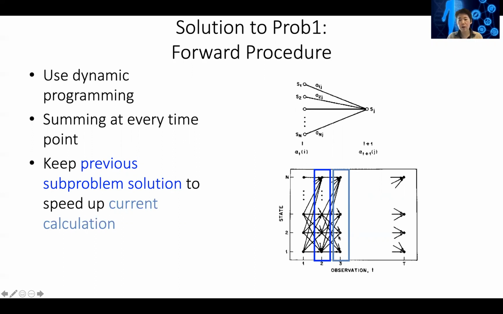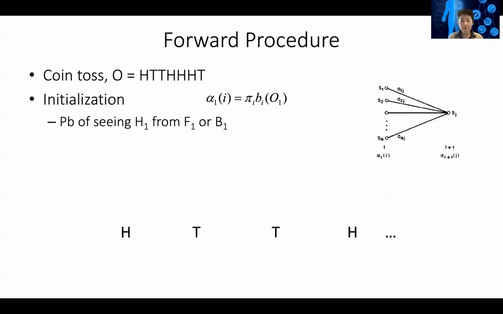This way, we don't have to enumerate all the possible paths in order to calculate the final probability. So let me show you the first approach, which is called the forward procedure.